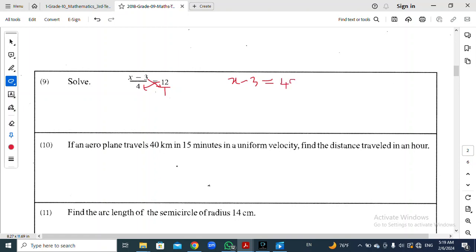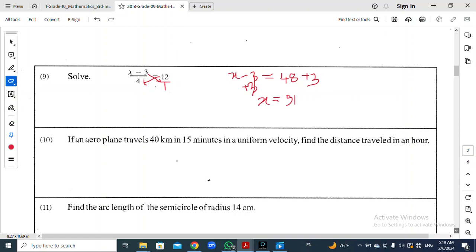Now you see this is the minus 3, so we have to add plus 3 according to the axiom, and here also we have to add plus 3. So we can cancel these, and x is equal to 51. So x is equal to 51.